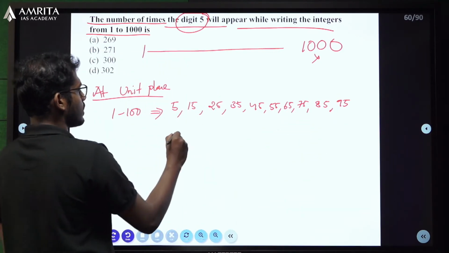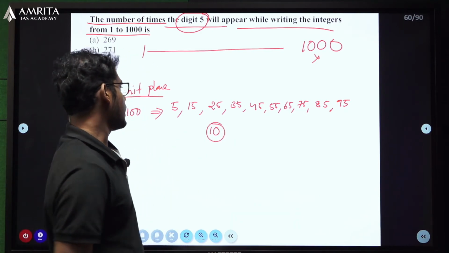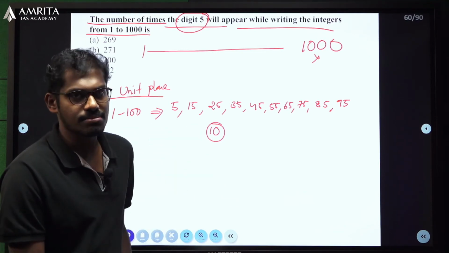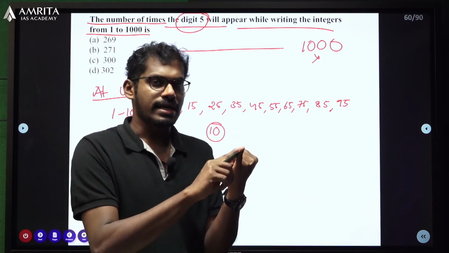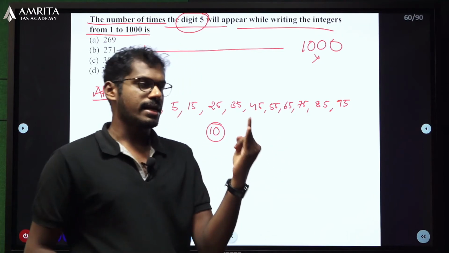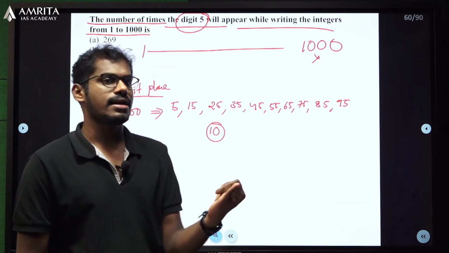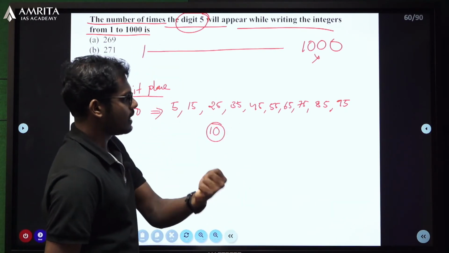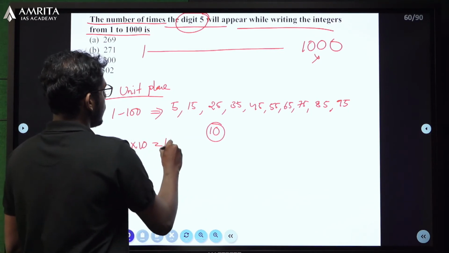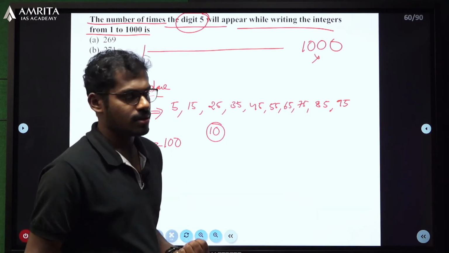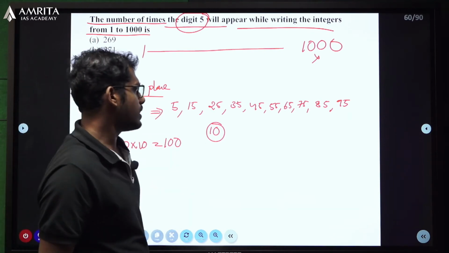So from 1 to 100, 5 appears 10 times at the unit place. Till 200, 20 times, then 300, 400, 500, 600, 700, 800, 900 and 1000. So from 1 to 1000, 5 appears at the unit place 100 times.